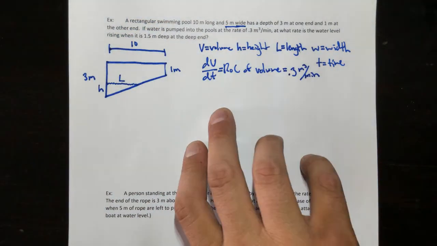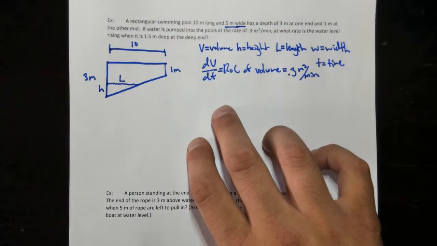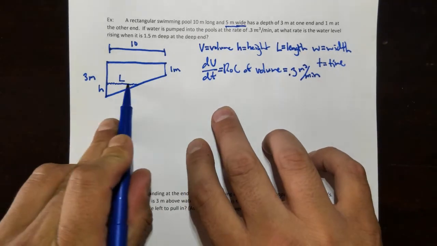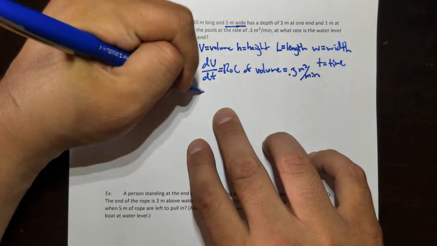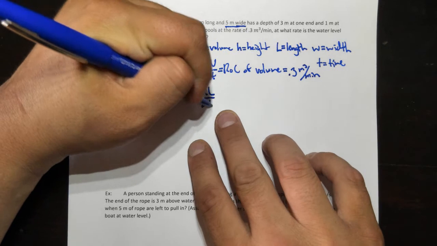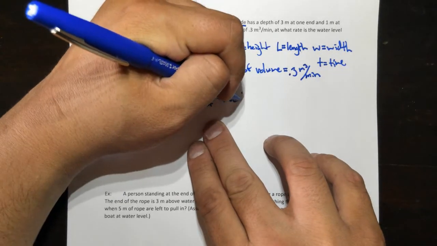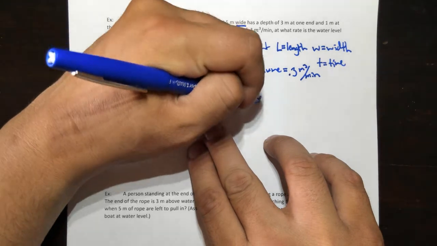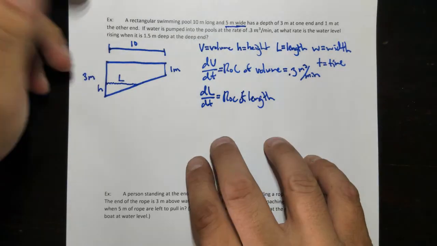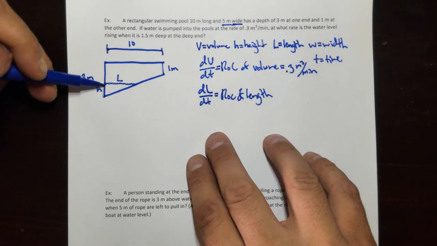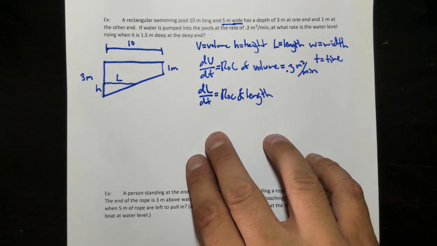And then we're also going to have the rate of change of the length, because the length is going to change too, right? So we're probably going to run into that. And then we're going to have the rate of change of the height, and in fact, that's what we're looking for.